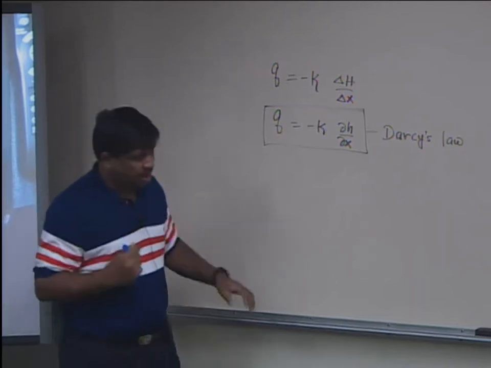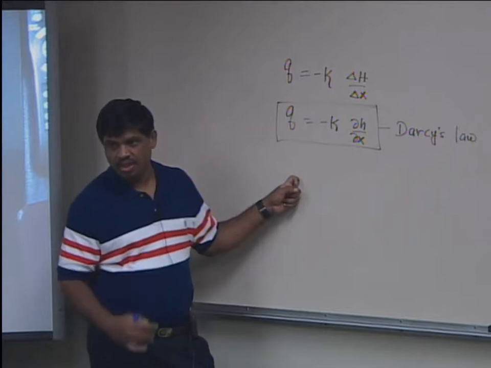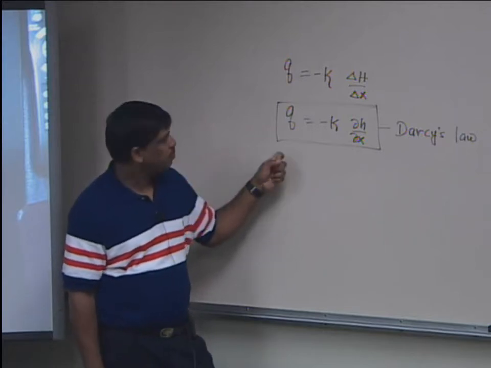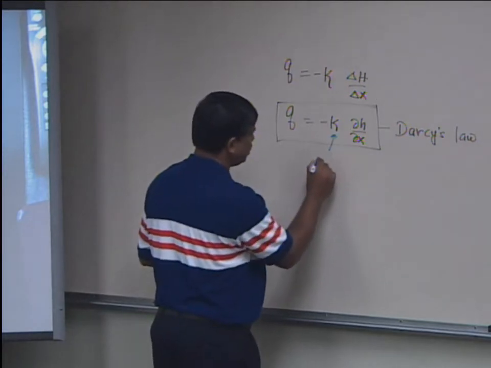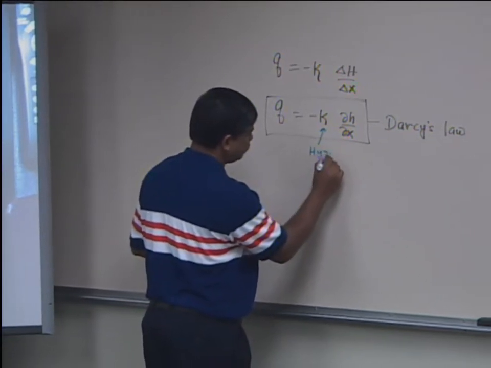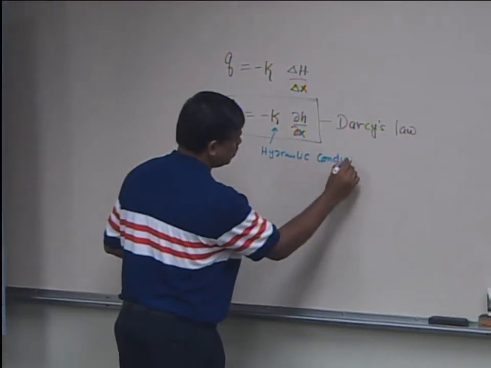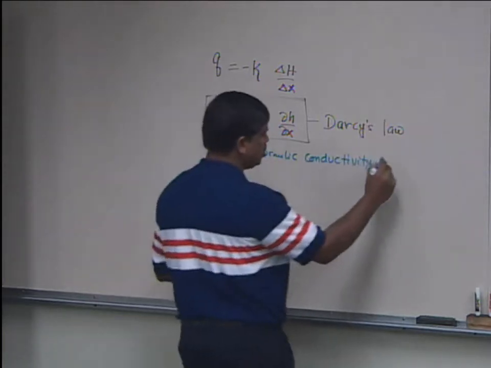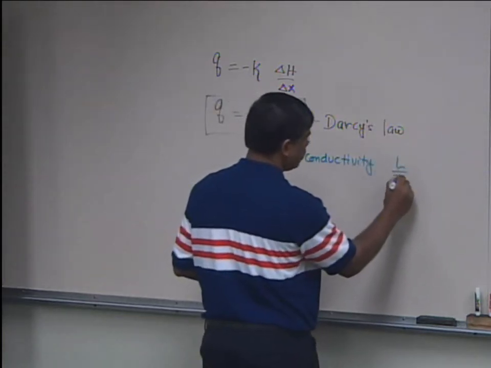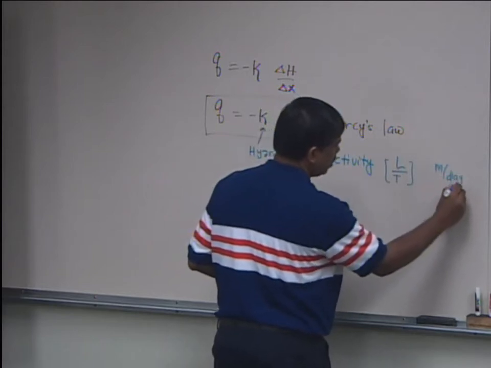For solving an applied problem, he formulated this law to solve a water treatment problem, a filtration problem. And this K is what we call the hydraulic conductivity, and the dimension is length per time, like meter per day.